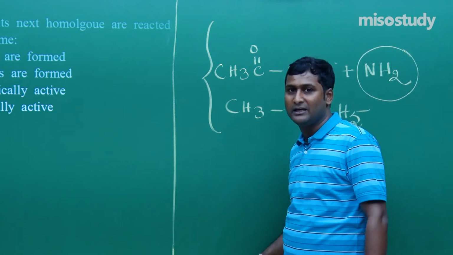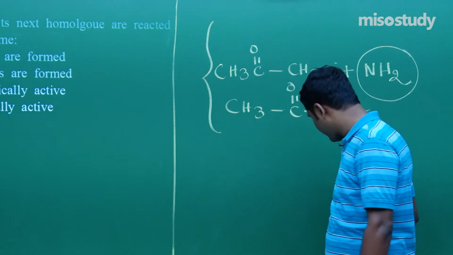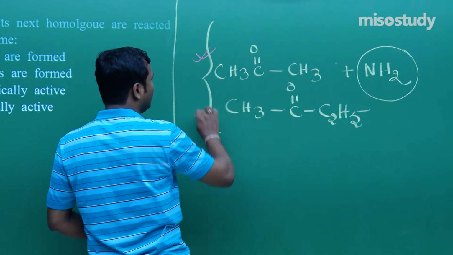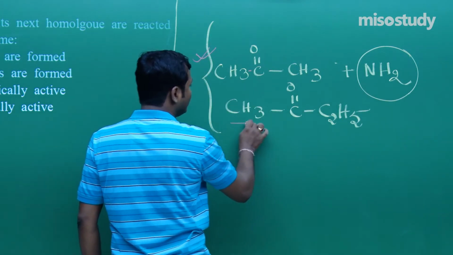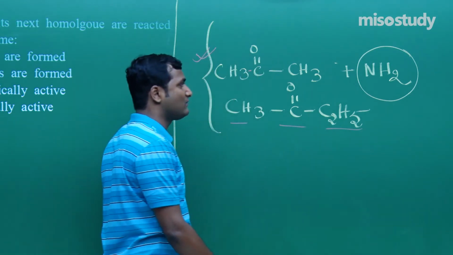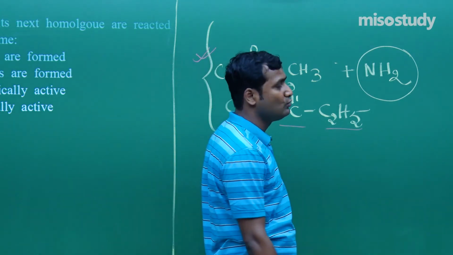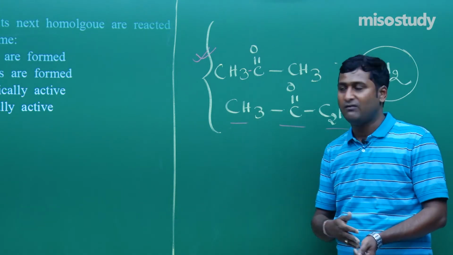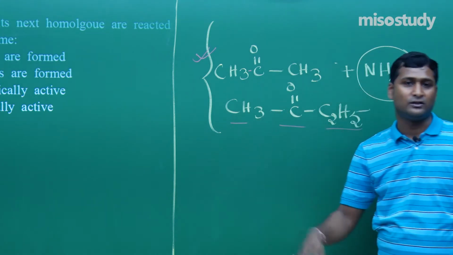Think on it. How to solve this question, friend? I have written CH3COCH3 and CH3COC2H5 plus NH2OH. Now think how to solve. I am giving you a few seconds to think on it.